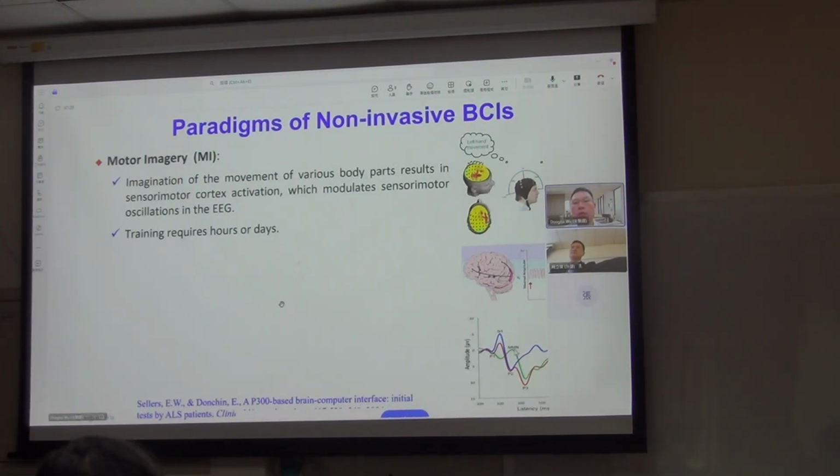So when we imagine the movement of our right hand, generally a certain part on the left hemisphere of our brain will have an energy change, and we can detect that from EEG signals. Then we can map this imagination into a command for an external device, such as moving the wheelchair to the right, something like that.